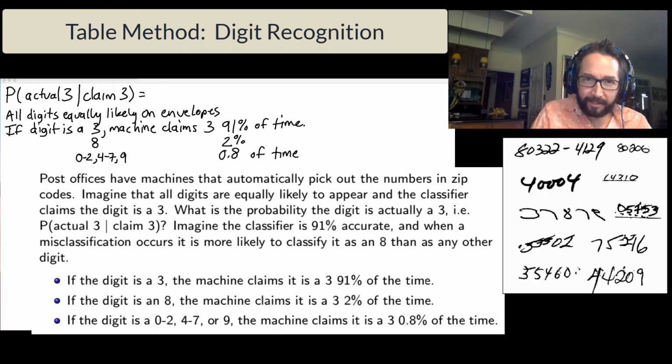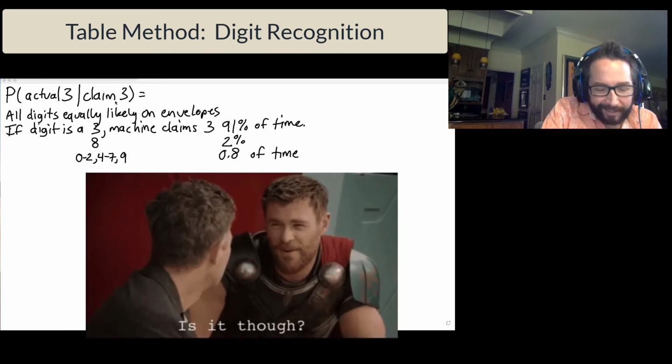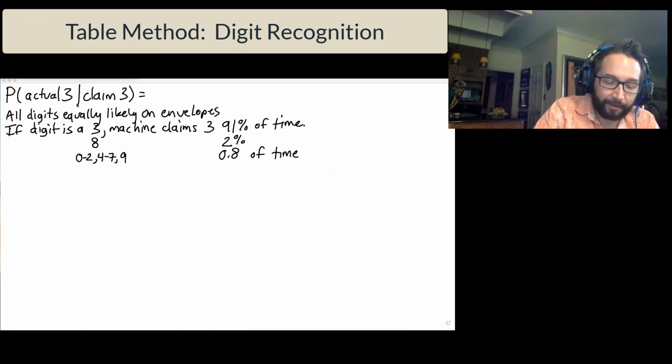So here's the scenario. We've run an envelope through one of these machines, and the machine claims that the digit of interest is a 3. We would like to know, okay, well, what's the probability, given this information, that the digit actually is a 3? We know the machine claimed it was a 3, so is it really? That's what we aim to find out.